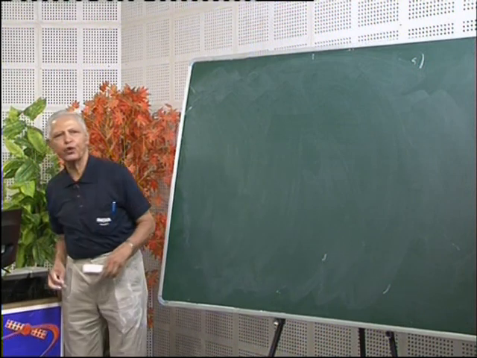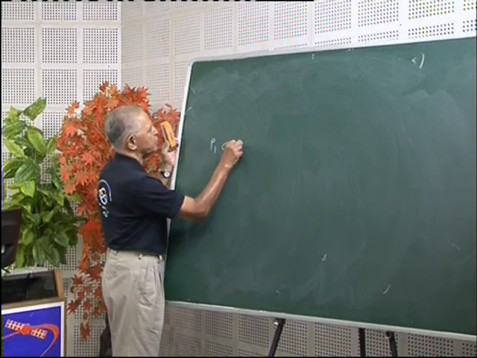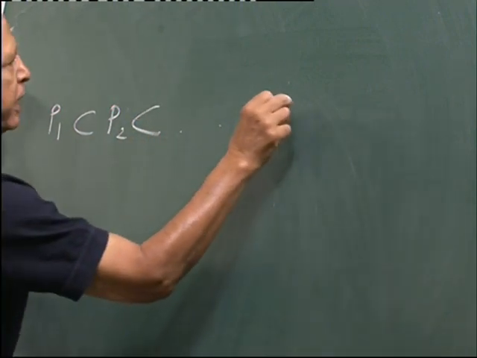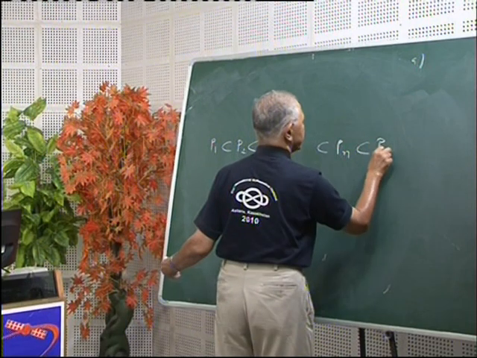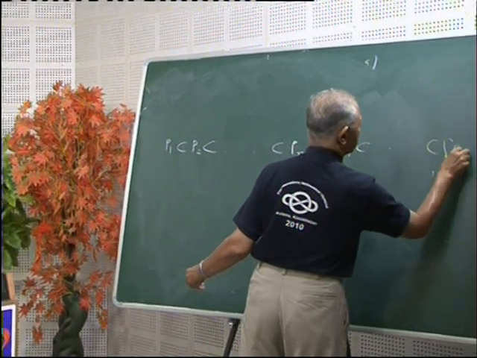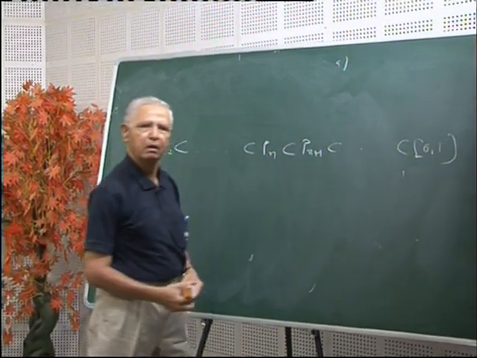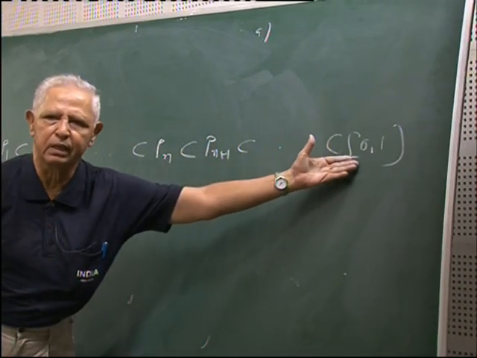In the beginning I showed you that P1 is contained in P2, is contained in Pn, is contained in Pn plus 1, and is contained in C[0,1]. Pn is a subspace of C[0,1].